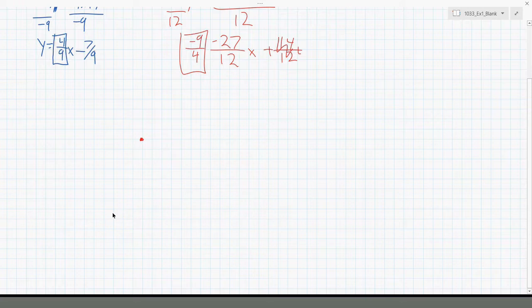The first one says, and remember these are rise over run, so I'm going to run 4 out. So 1, 2, 3, 4 out, and then because it's negative, I'm going to fall 9. So 1, 2, 3, 4, 5, 6, 7, 8, 9. So that'll be my point there.